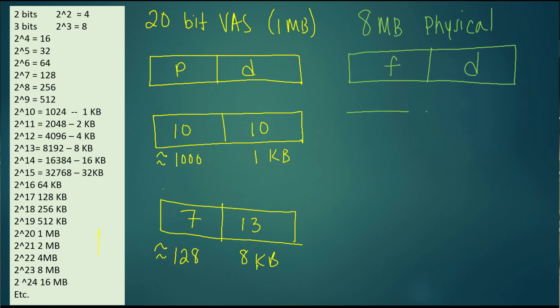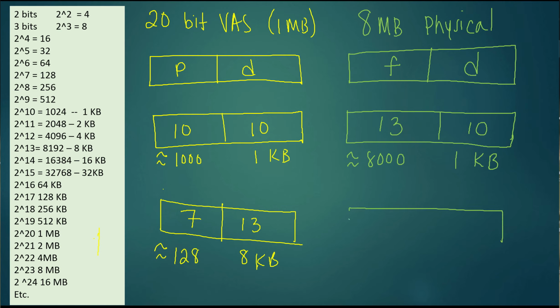If we have 10 bits for the displacement, we'd have 1 kilobyte frames, because the size of the page needs to match the size of the frame, and we would have 13 bits for the frame number, so approximately 8,000 frames, all of size 1 kilobyte each.